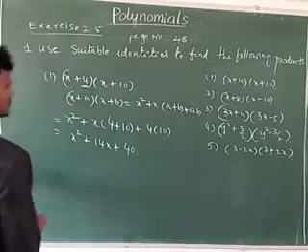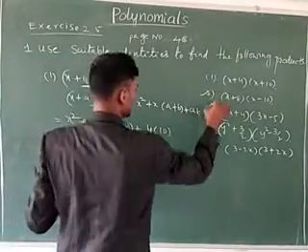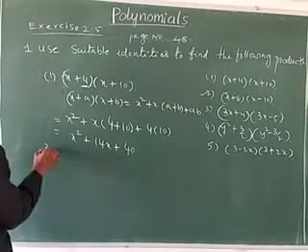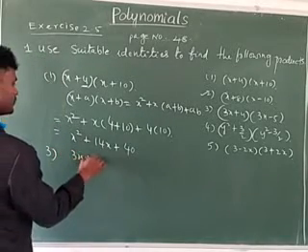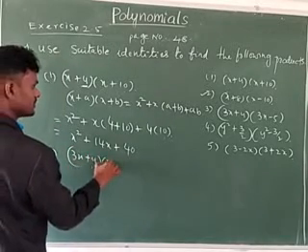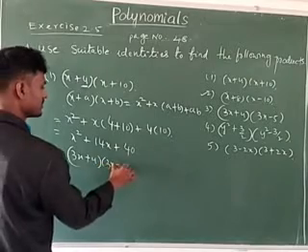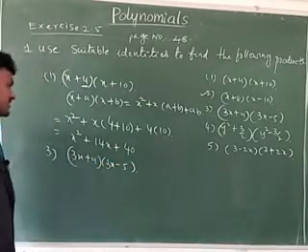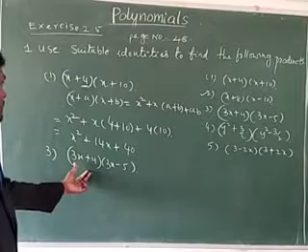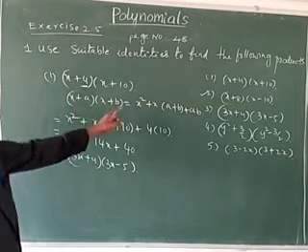Next, the second one, you have to try. The third one I will explain. Here (3x plus 4) into (3x minus 5). This is also the same, (x plus a) into (x plus b).